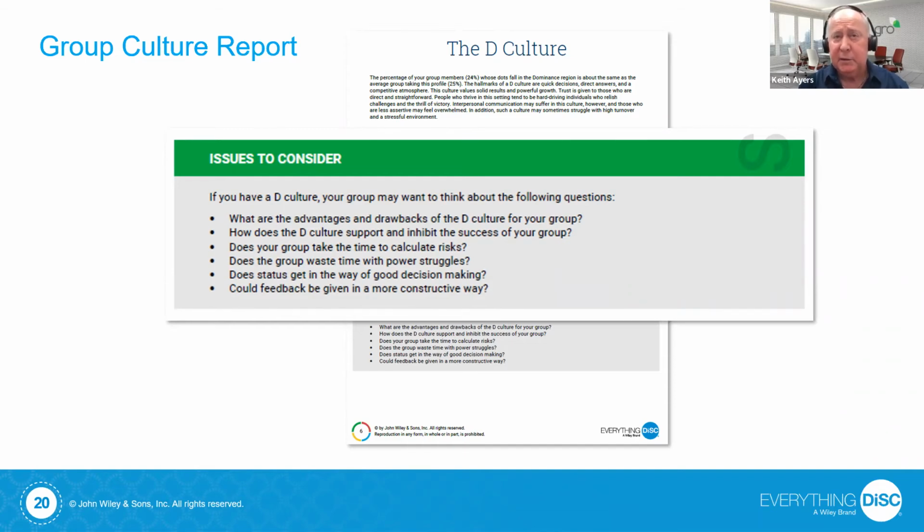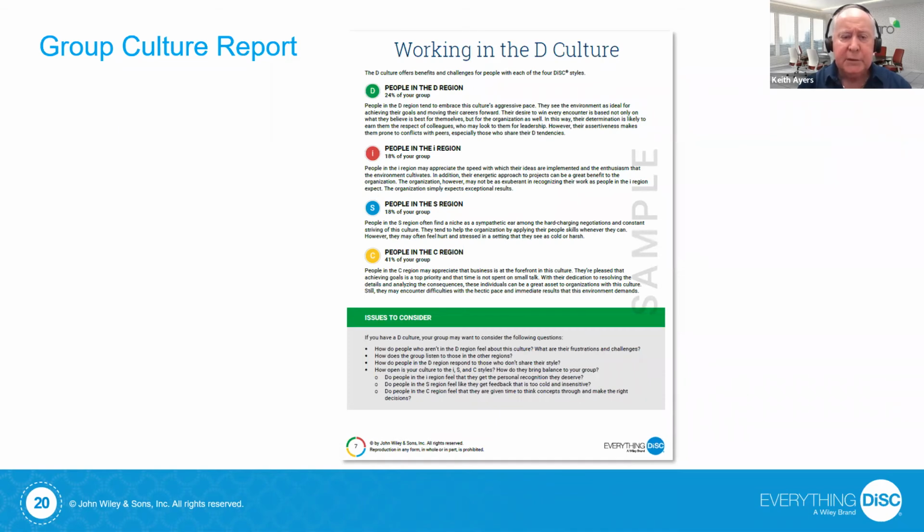Do you take time to calculate risks? Do you waste time with power struggles, etc.? So it's a really useful discussion to understand the impact of the culture on the way we're functioning. There are also additional questions, and down the bottom here, issues to consider.